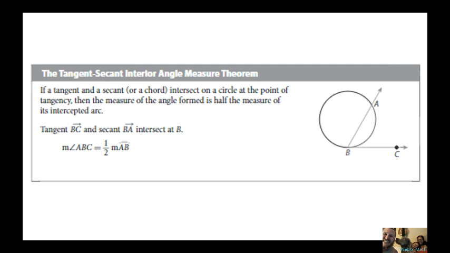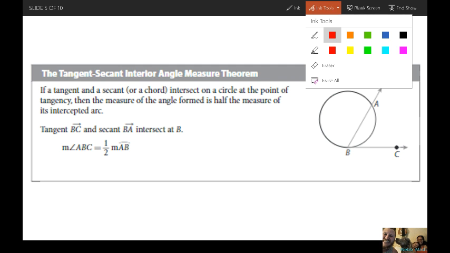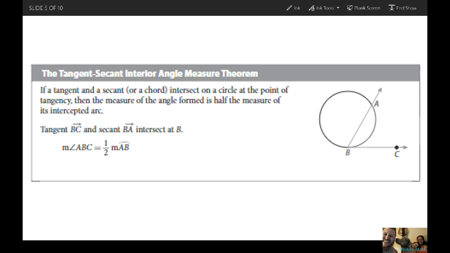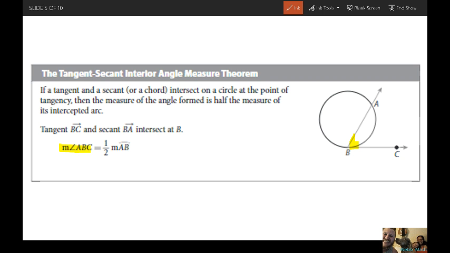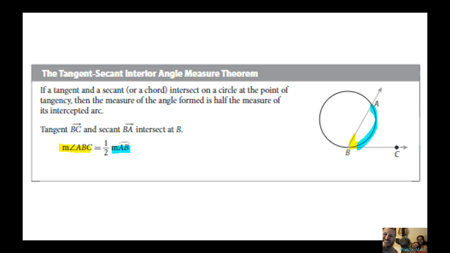So basically, all you need to know is that angle ABC is going to be half of whatever your arc is, which is going to be AB. Okay, so just remember that relationship.